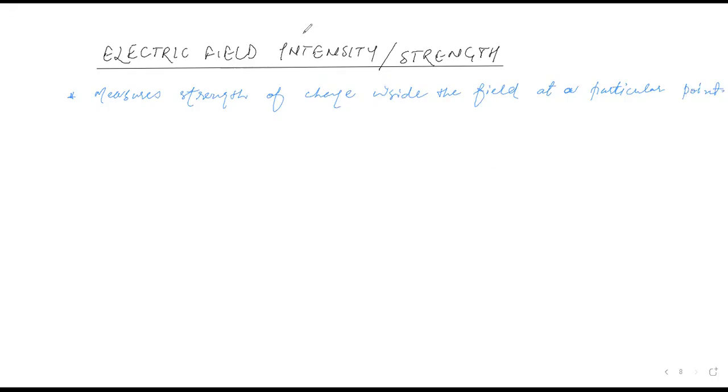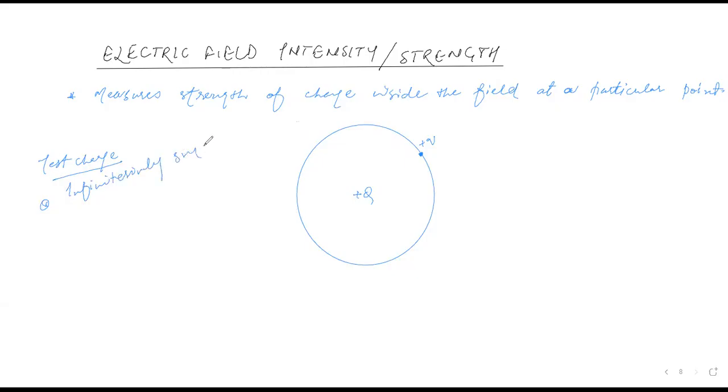Suppose that you have a charge and the field of the charge is this. This is your positive charge. Now we are keeping another test charge at this position. What is the test charge? Let's understand the test charge. The first point is that it is infinitesimally small.